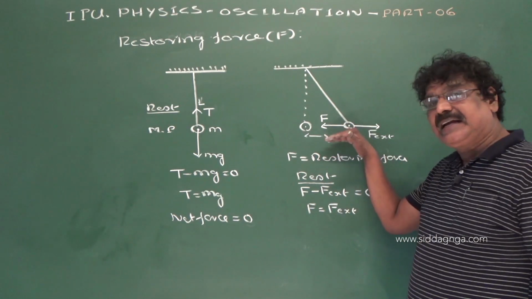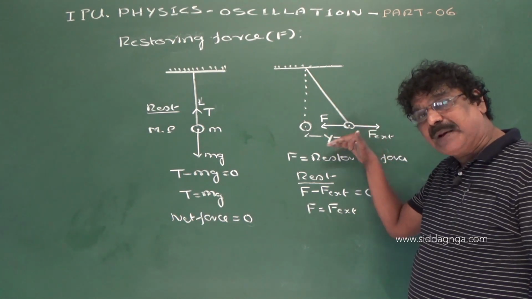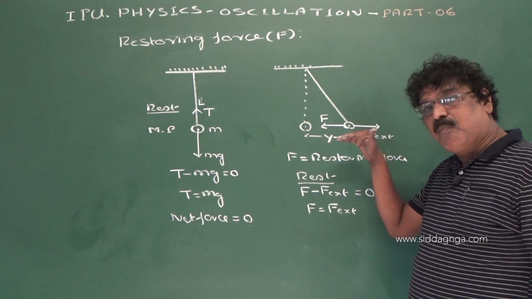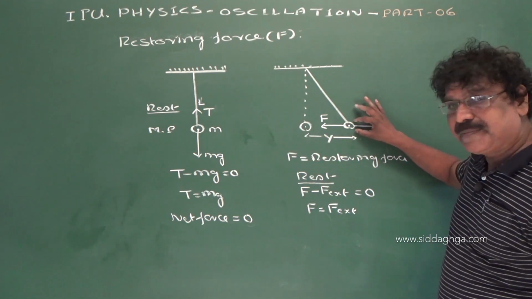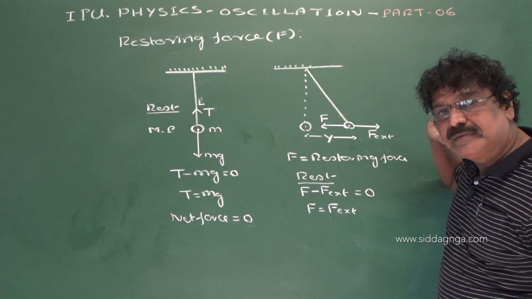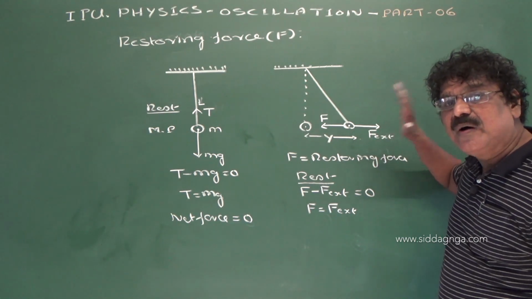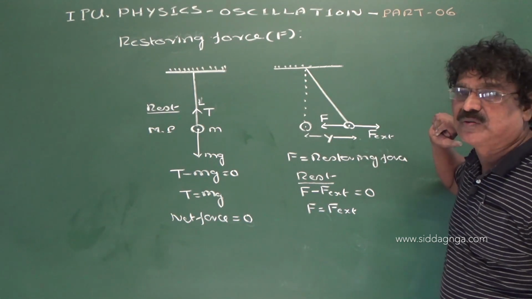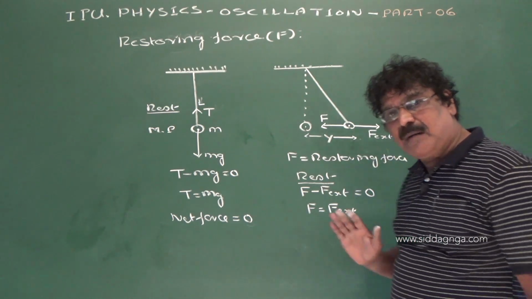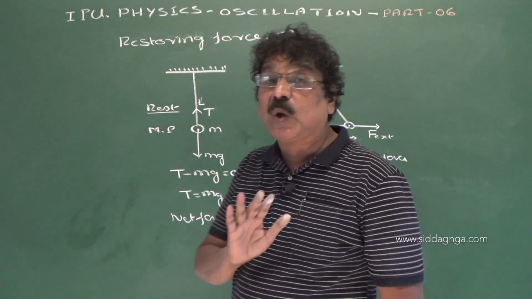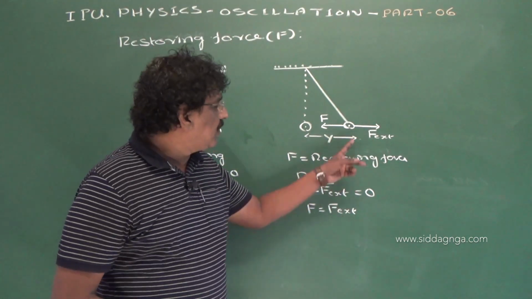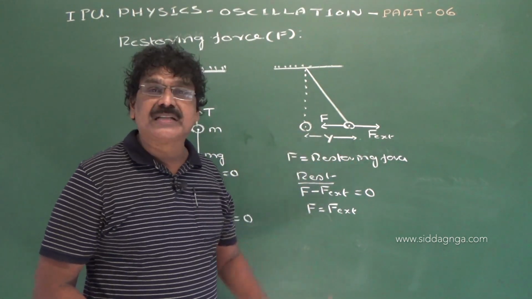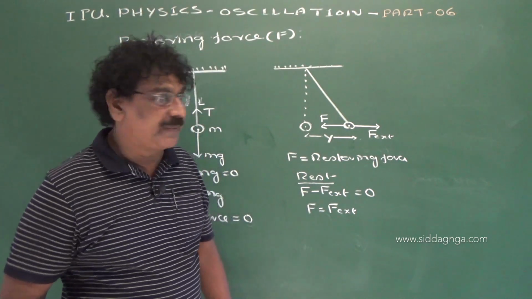It has a tendency to bring the bob back to its equilibrium position. If I leave that bob, meaning I have removed the external force, does the bob remain there? No, it will not remain there. It starts moving towards the mean position.